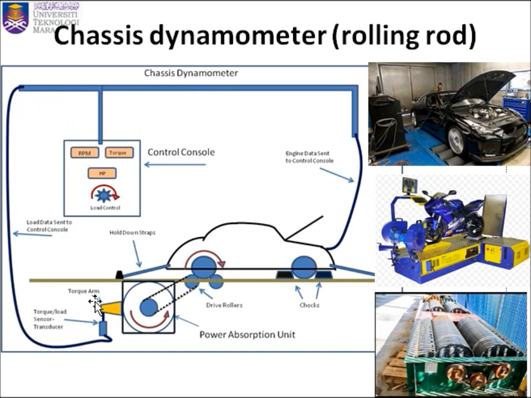Torque or load sensor transducer. This is the torque arm. This is the driver rollers. This is the power absorption unit. This is how to measure the torque and power for a vehicle.